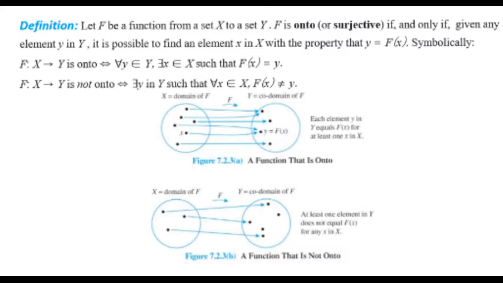In other words, there is no element in the domain that can be mapped to that one element in the codomain. If you can find that one element, then you have disproved the onto property of a function.